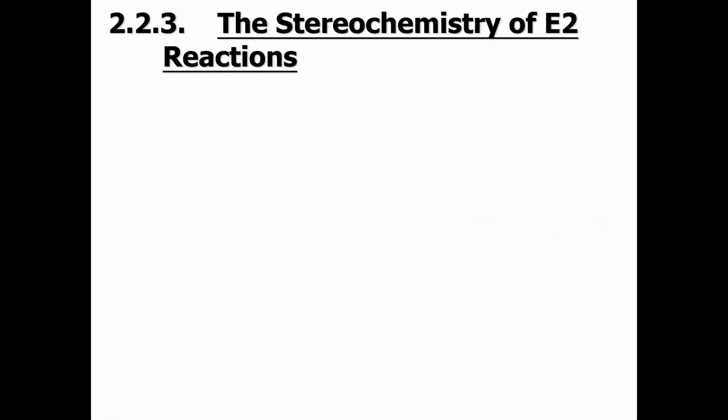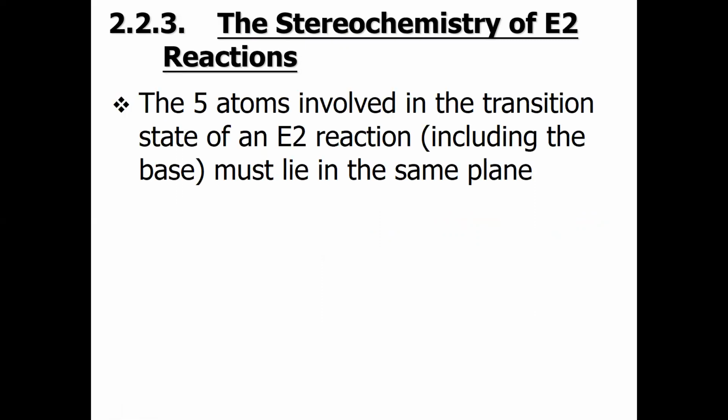Okay, now let us see the stereochemistry of the E2 reaction. As I mentioned, this reaction involves five atoms at a time in the transition state. Now these five atoms should be in one plane, or in the same plane.